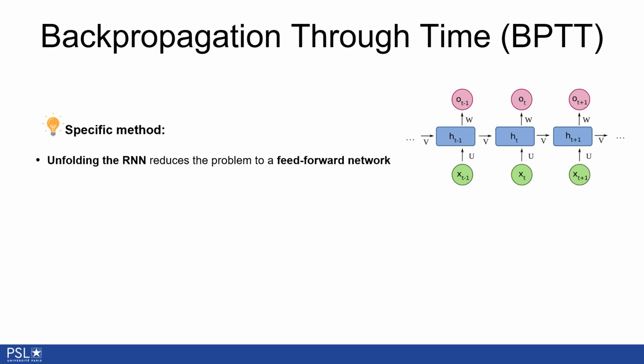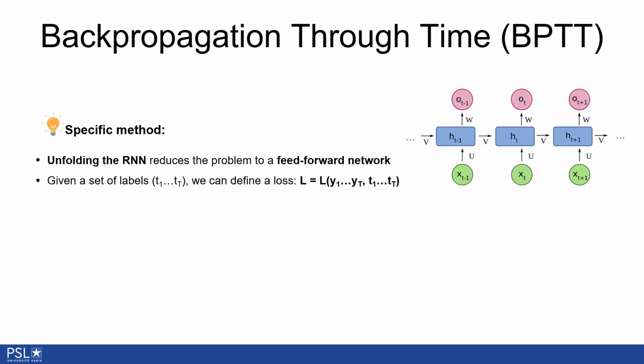To define a loss, we need target labels T1 to TT. In the case of language modeling, the label at each time point is simply the next word in the text. That is, the sequence of labels is simply the words in the input sequence shifted one step back in time. Then, given these target labels, we can define a loss based on the target labels and the actual outputs of the model, the YTs.